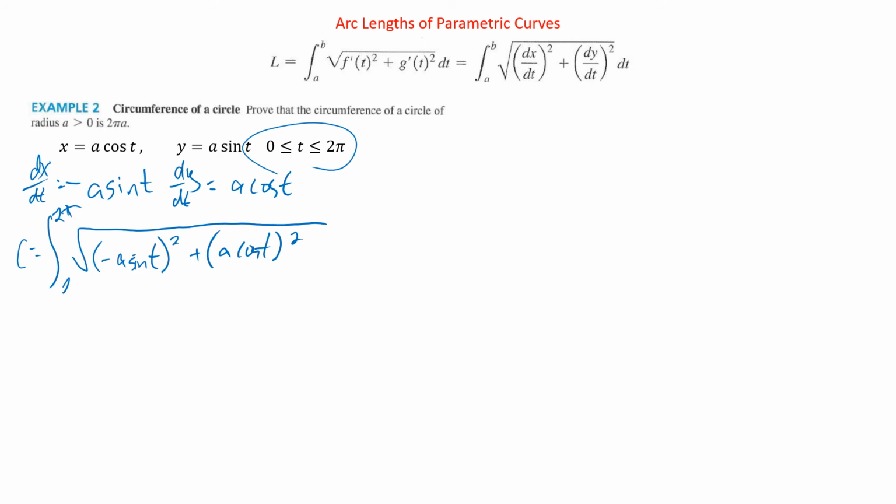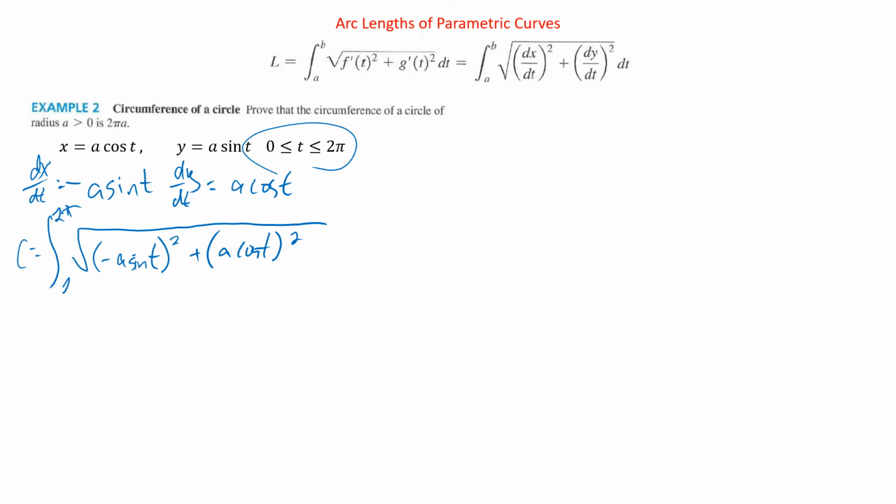Now, there will be times, even in the assignment, that you're not going to be able to find the antiderivative really. And in those questions, it'll say approximate the antiderivative, but simplify it as much as you can first. In this one, we can actually find it.